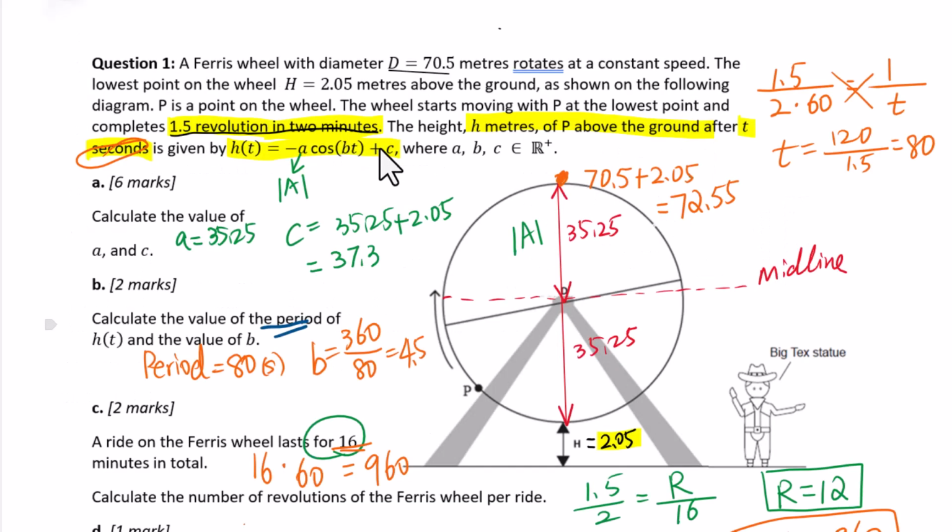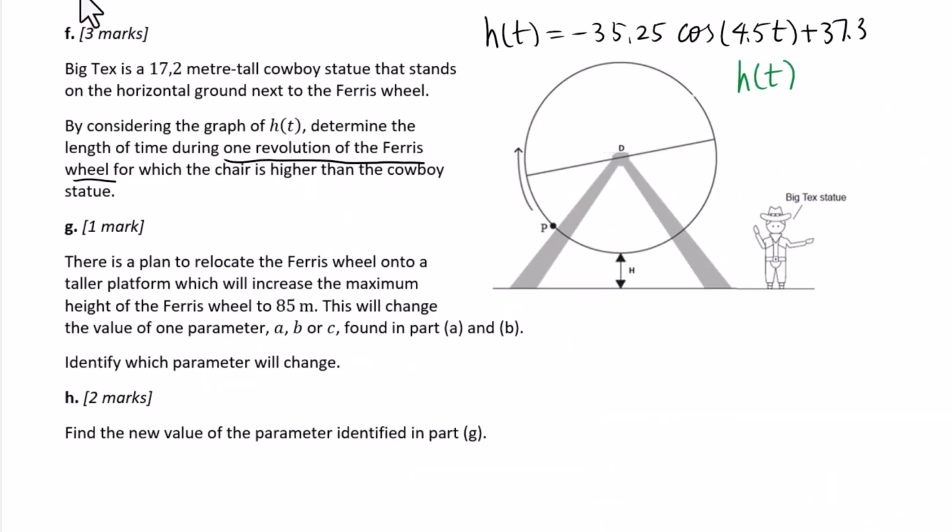Since we already figured out A, B, C, we can get the function h of t equals negative 35.25 cosine 4.5t plus 37.3. We will set up the inequality h of t greater than 17.2. We need to solve this inequality by graphing.